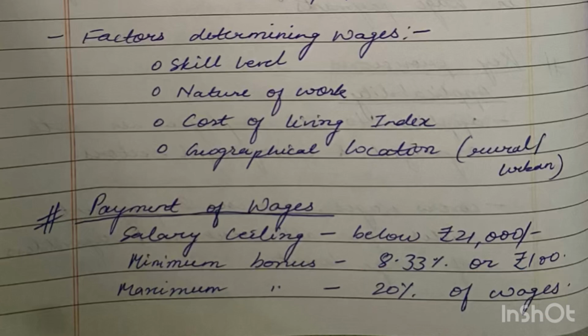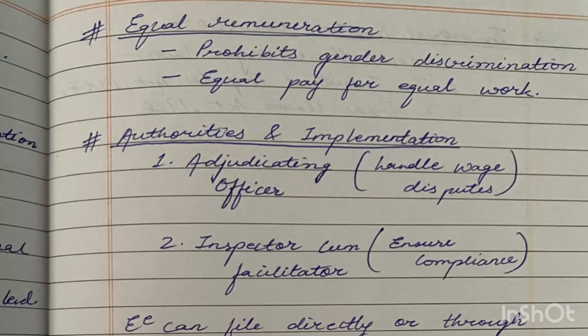Now let's see equal remuneration. It prohibits gender discrimination, with equal pay for equal work, which is the same as in the previous Equal Remuneration Act. These two points are very important: it prohibits gender discrimination, and there will be equal remuneration irrespective of gender.